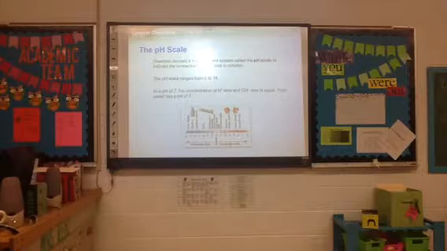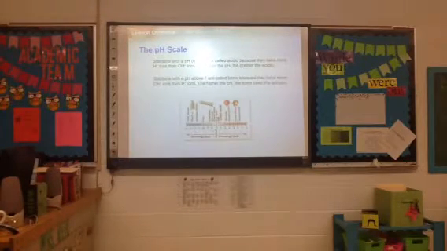Okay, but again, depending on what water is mixed with, you can expect that that's not always the case. Sometimes there's going to be more hydrogen ions, sometimes there's going to be more hydroxide ions, and the pH scale is measuring all of that. Anything below a 7 is considered acidic, because it has more hydrogen ions than hydroxide ions.